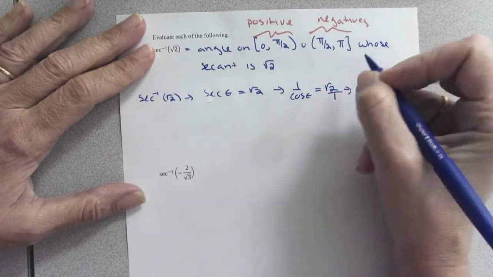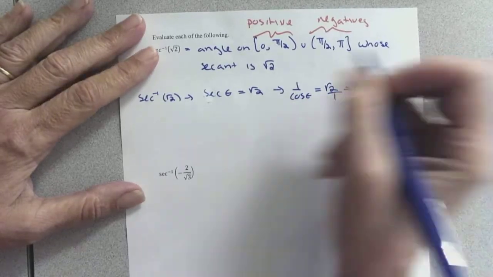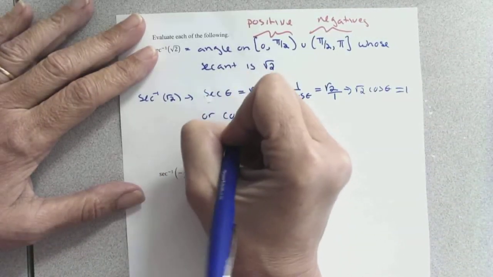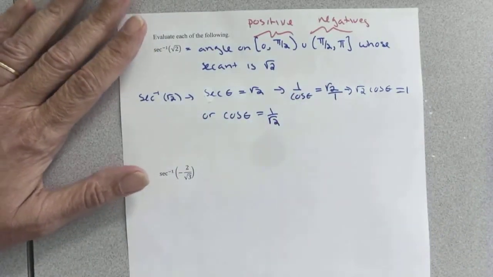If we cross multiply, I'm going to get square root of 2 times cosine theta equals 1, or cosine of theta equals 1 over square root of 2.